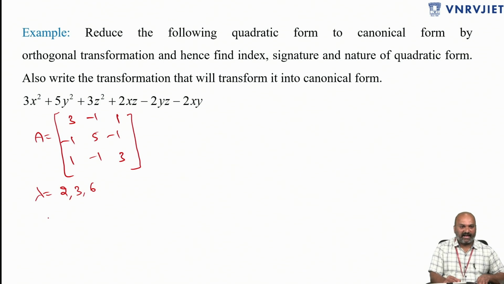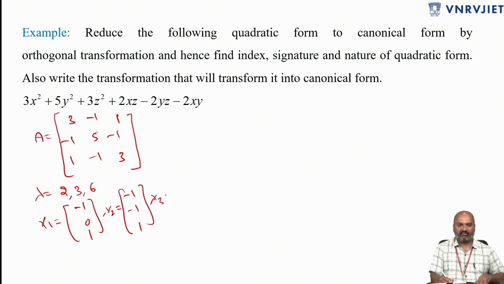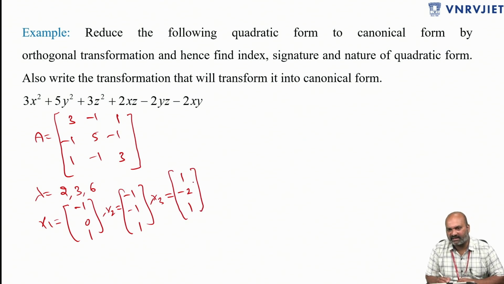And the corresponding eigenvectors are x1 equals -1, 0, 1. And x2 equals -1, -1, 1. And x3 equals 1, -2, 1. So these are the eigenvectors. See here, no need to verify whether these are pairwise orthogonal or not. Since the eigenvalues are distinct, the corresponding eigenvectors are pairwise orthogonal.